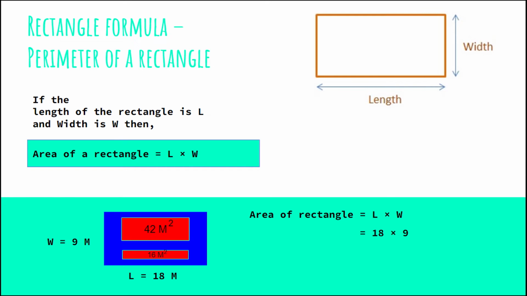That way we can find the area of the rectangle is 162 square meters. After that, we have to subtract to find the area for planting grass. The area for planting grass is 162 minus 58. So, we can find the area for planting grass is 104 square meters.